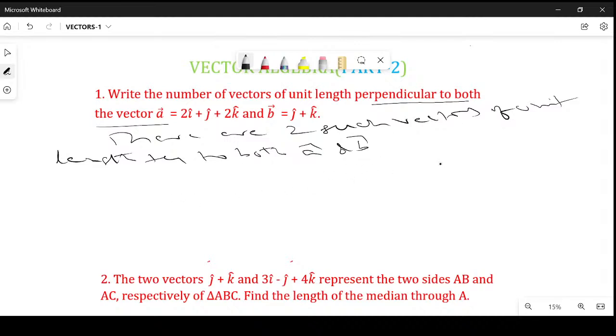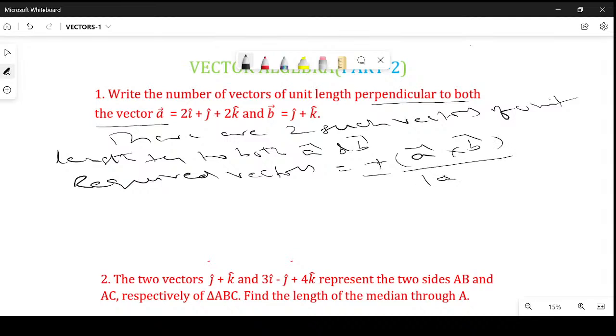Now, what about those vectors? The required vectors I can write equal to plus or minus a bar cross b bar by mod a bar cross b bar.